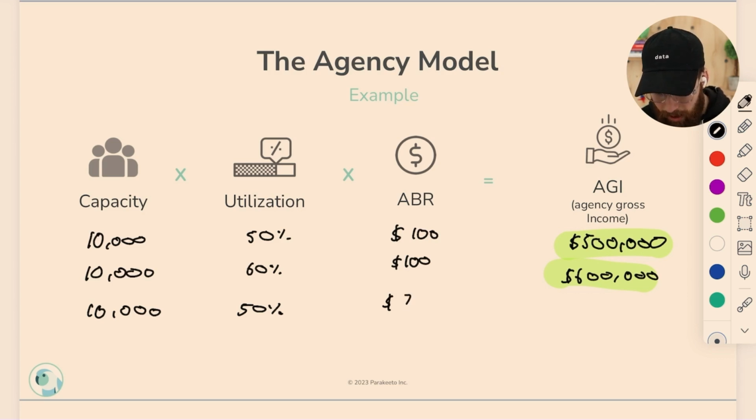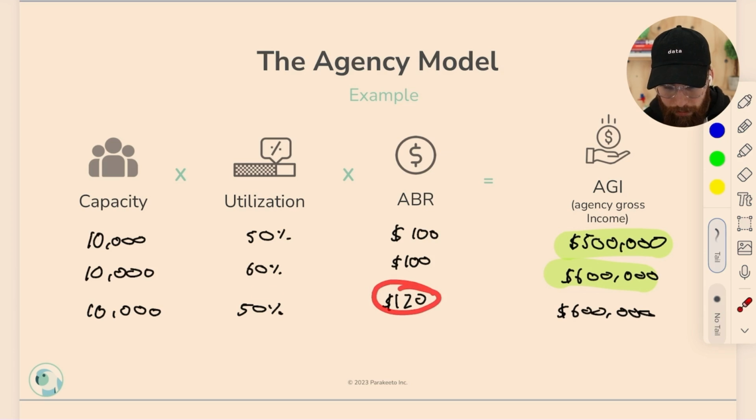And what we would see is that we can earn the right to maintain this lower utilization rate and still achieve that $600,000 outcome by having a higher average billable rate. So this, I hope, illustrates the relationship between these two metrics and helps illustrate why utilization shouldn't be and doesn't have to be the only metric that we use to try and gauge the efficiency of our team.